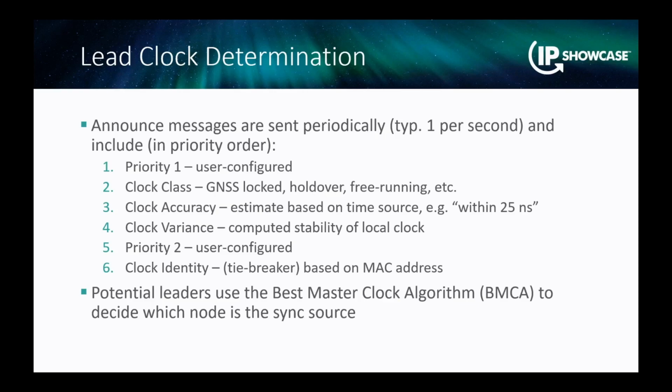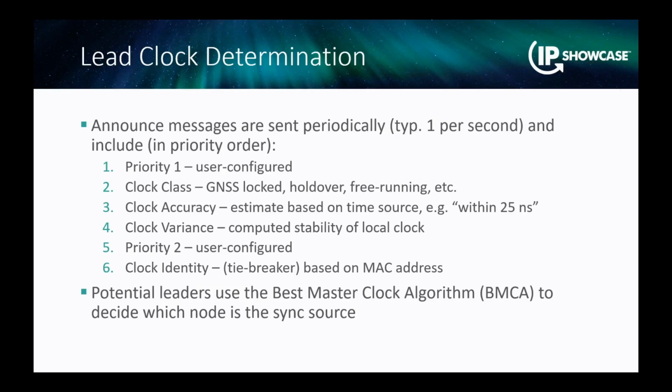Typically, you would set priority 1 to be the same. And the reason is you want the next few variables to be the determining factor of which GM is taking over. So the clock class, clock accuracy, clock variance, collectively they're called the clock quality. Basically, it's a measure of how good our synchronization source is.